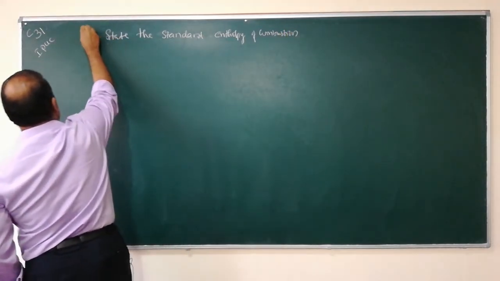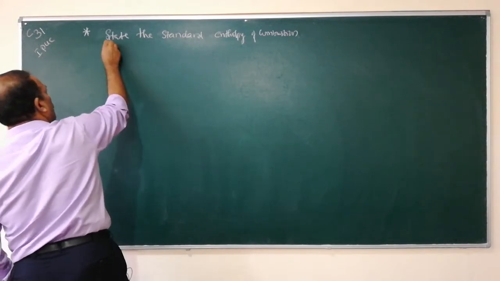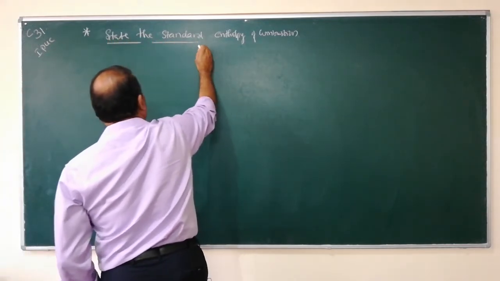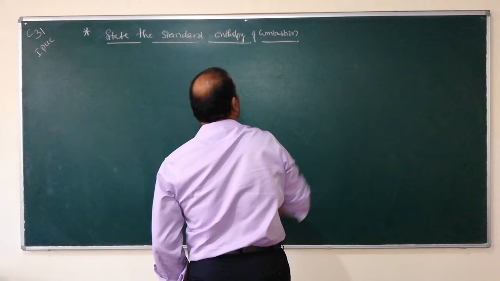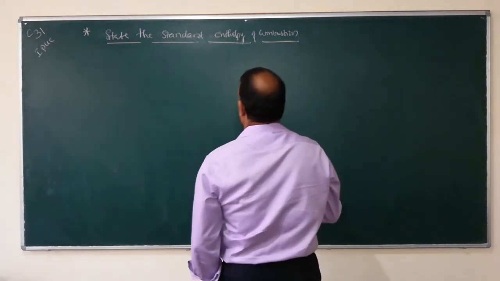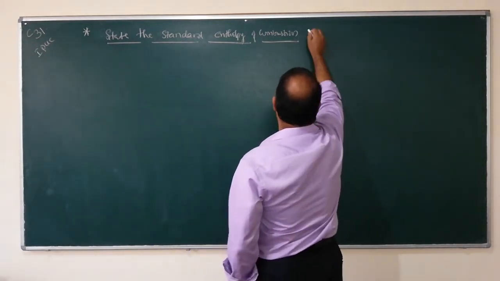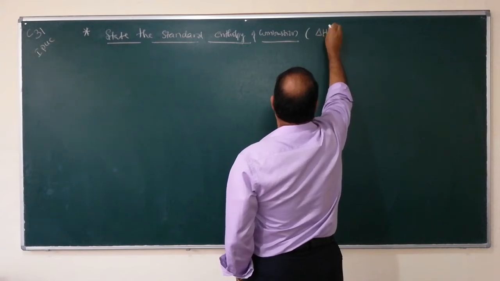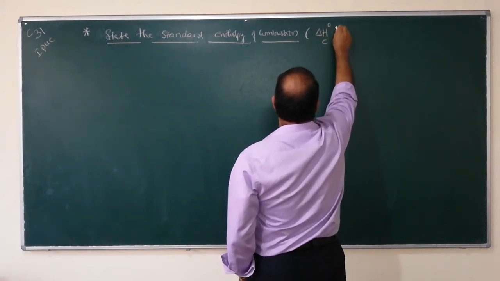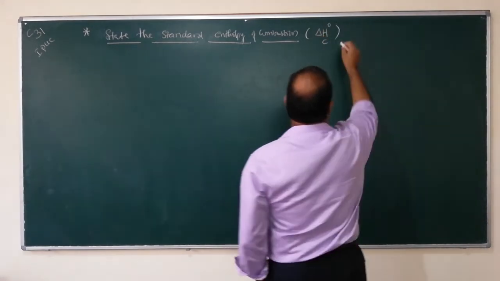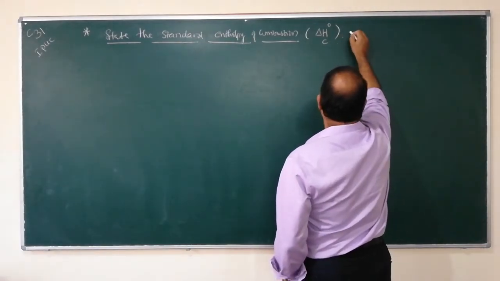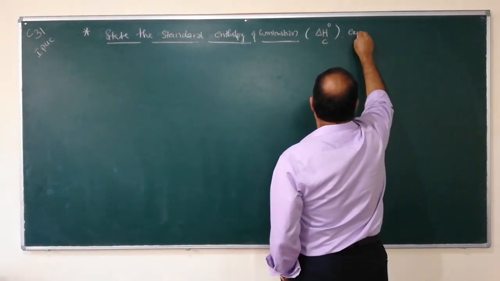This is also very important. Statement of enthalpy of formation, statement of the standard enthalpy of combustion. State the standard enthalpy of combustion, that is delta H naught of combustion, and explain with example.